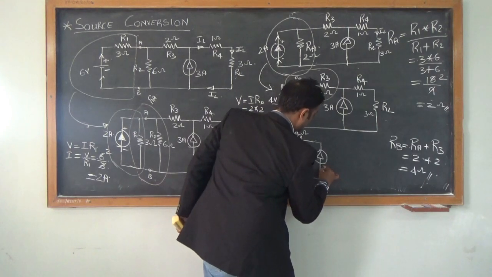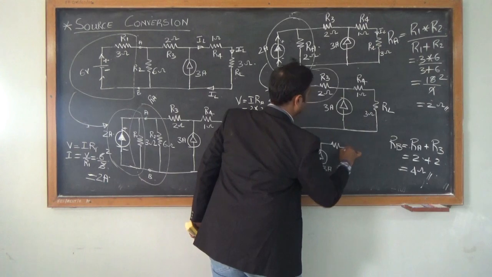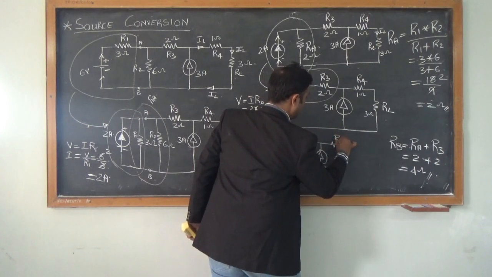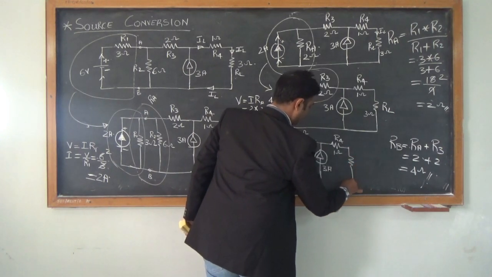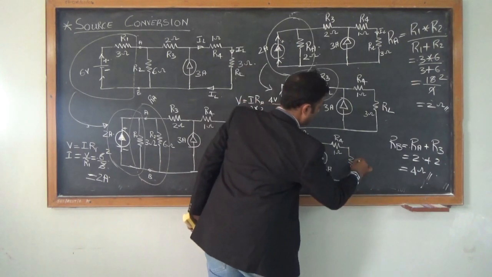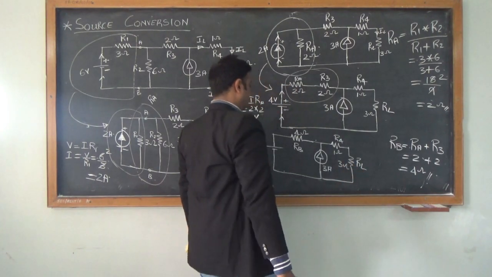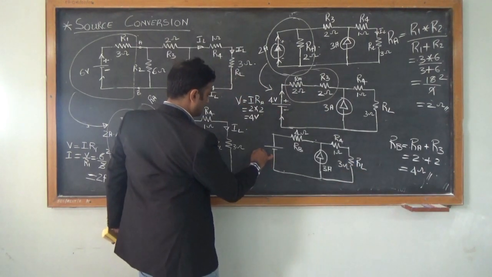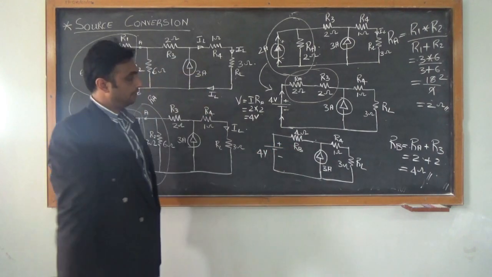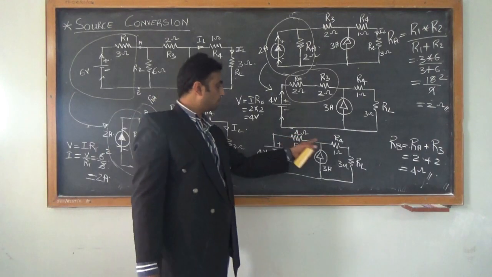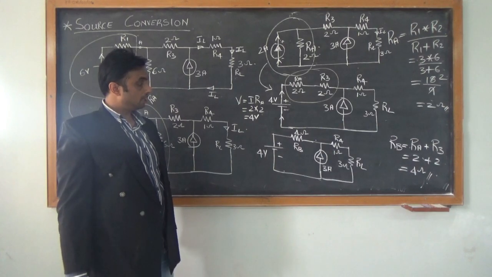So I have a 3 amps current source. I have an R4 of 1 ohm. I have RL of 3 ohms, and this is 4 volts. So positive and negative. So I have 4 ohms, I have 1 ohm, and I have 3 ohms.